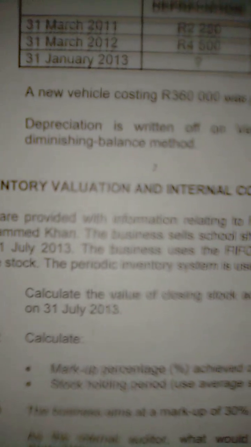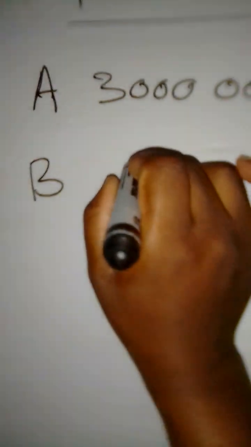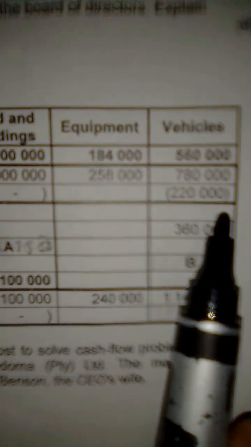So what does that mean? Let's do the calculation for B. The diminishing balance method means we say cost minus accumulated depreciation to get the carrying value. The moment you get the carrying value, multiply by 20%. Going back to the question paper, the cost price is 780,000 and the accumulated depreciation is 220,000.